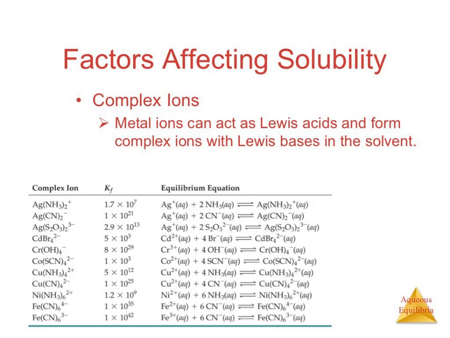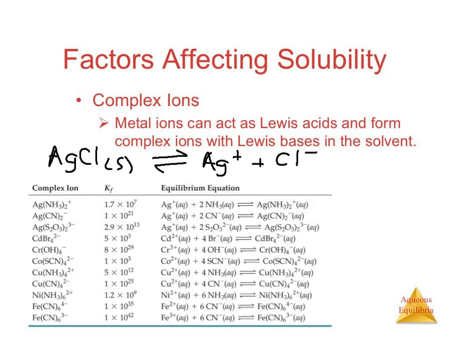Okay, another factor that can affect solubility is if there's a complex ion that forms. So the example that they give here is AgCl. You've got AgCl solid in equilibrium with Ag+ and Cl-.